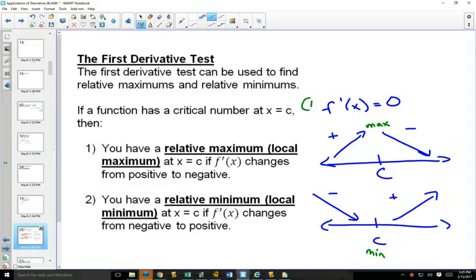First, we need to show that the derivative is equal to 0. In other words, we have a tangent that's flat. Then you have to show that it's increasing before and decreasing after for a maximum, or decreasing before and increasing after for a minimum.